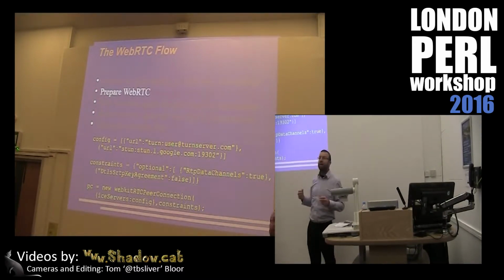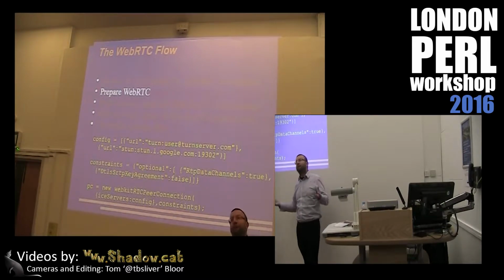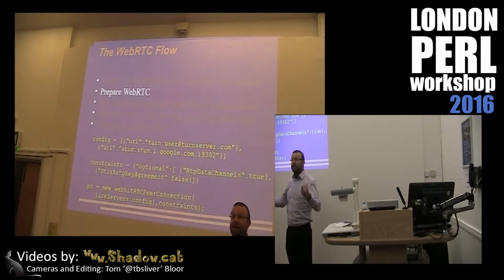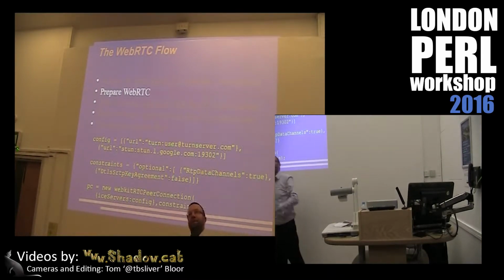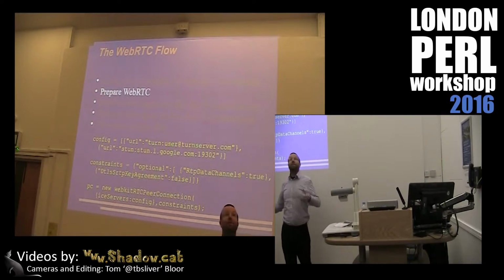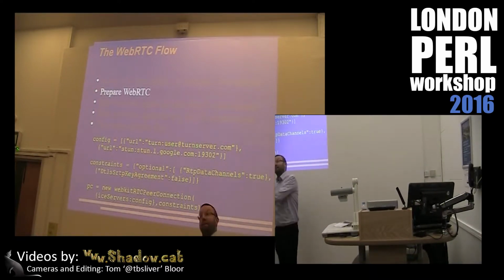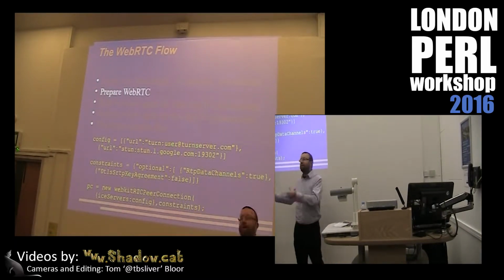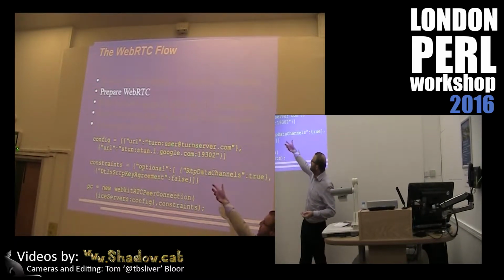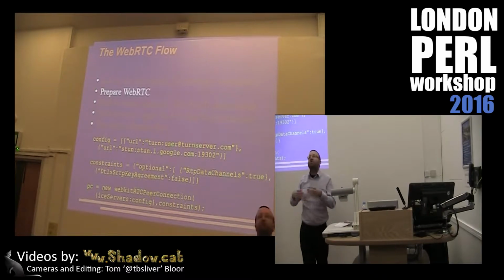And the TURN server is useful for when you're both behind a firewall or one of you's behind a firewall and it says, right, well, I can't send the media peer-to-peer, I've got to send it out of the network and back in again. And the TURN server is able to do that. The TURN server takes all that media and throws it back again. At this point, you've got to go away and set up that STUN server and that TURN server. Google do provide a STUN server because it's very cheap to do so.